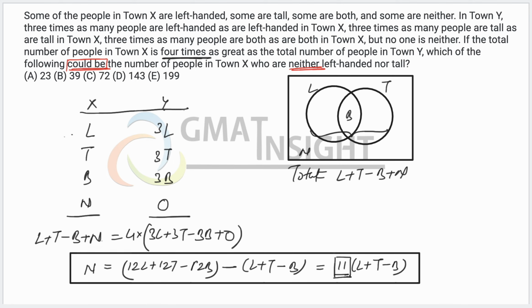So now we have to look at which option gives us a multiple of 11. 23 is not, 39 is not, 72 is not, 143 is our answer. Therefore, out of the 5 given options, option D is a possible answer for this question, and the answer becomes D. Option E is also not a multiple of 11, so you can rule that out as well.